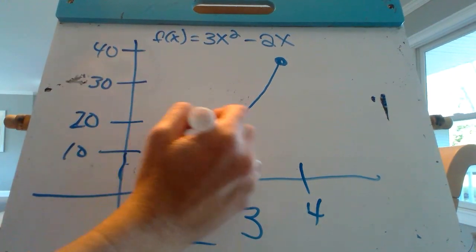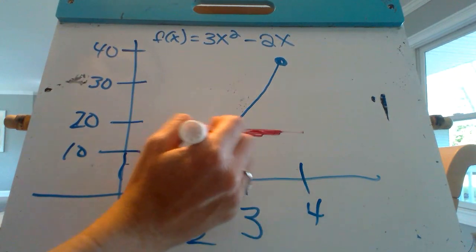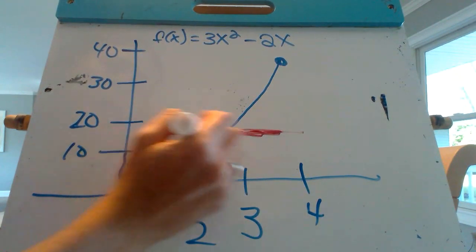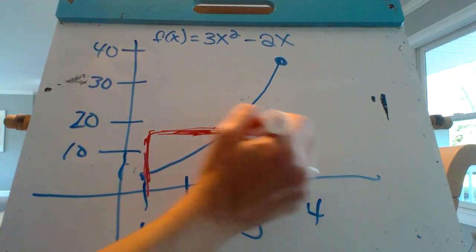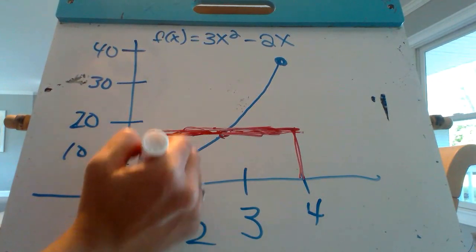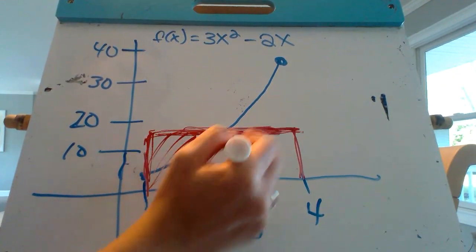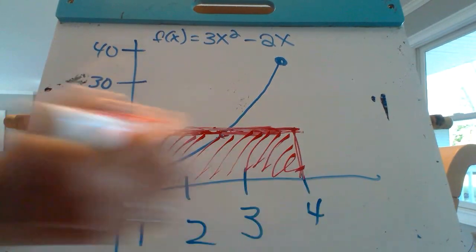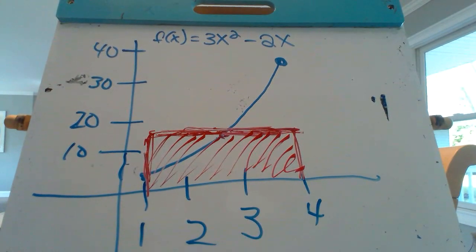So here's the average value, that's the height, from the beginning of the interval to the end of the interval. This red rectangle here is equal to the area under the curve.